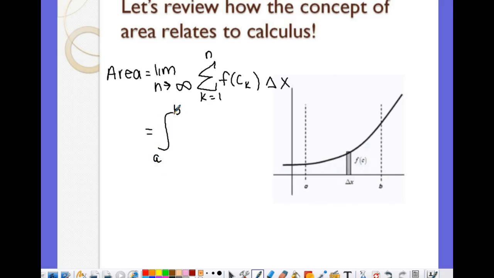And then we still have our f of c, or f of x, depending on how you want to label it. And then instead of the delta x, we turned it into a dx. So again, this is where we've come from. This is what we've done. We started with a limit, we moved to an integral.